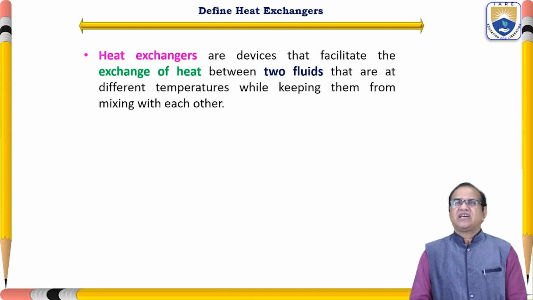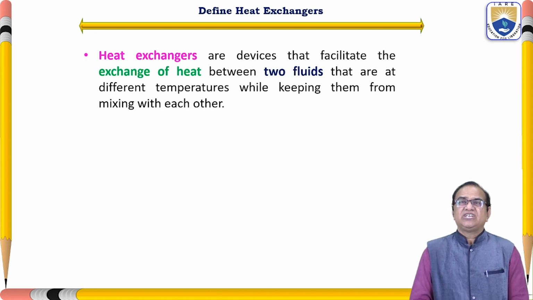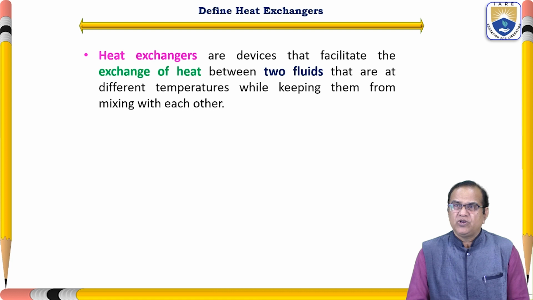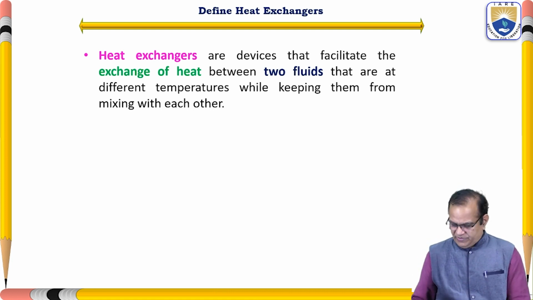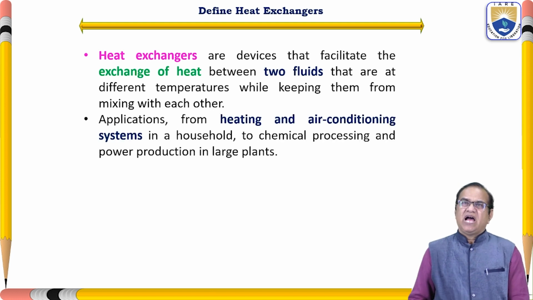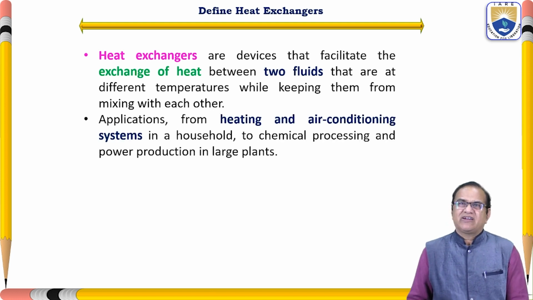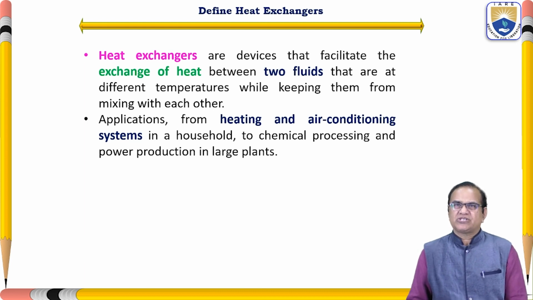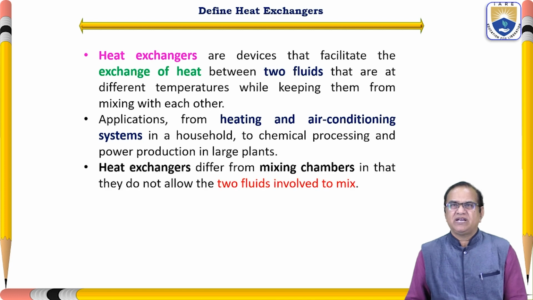So heat exchangers are the devices that facilitate the exchange of heat between two fluids that are at different temperatures while keeping them from mixing with each other. They will not mix with each other. Applications range from heating and air conditioning systems in a household to chemical processing and power production in large plants.